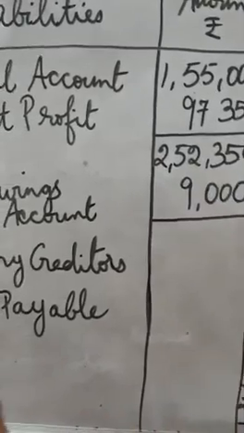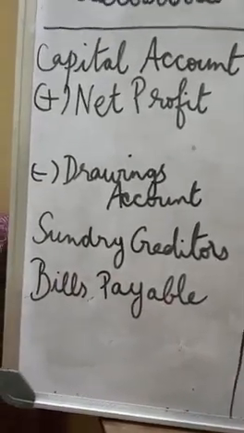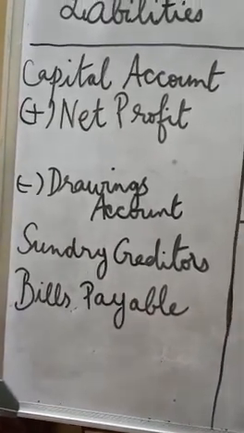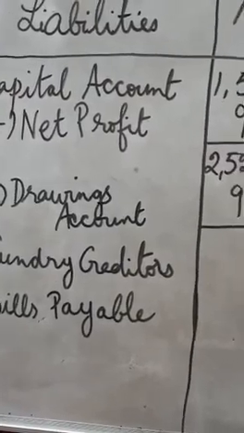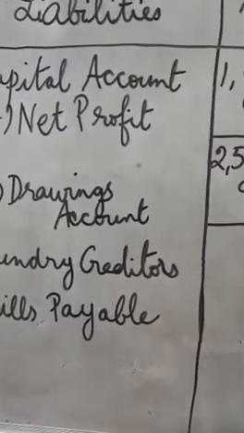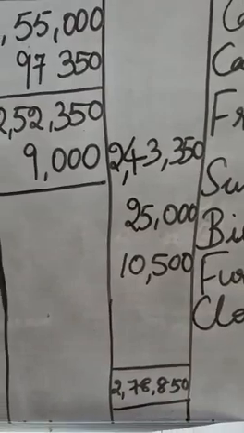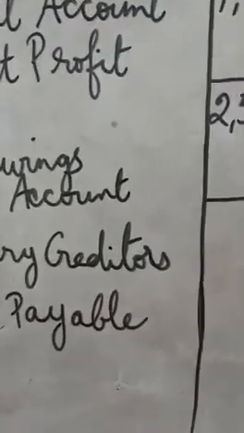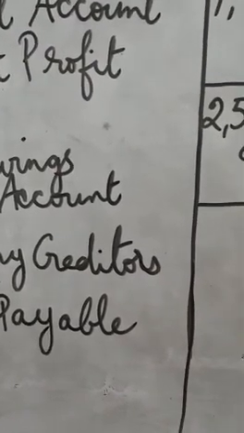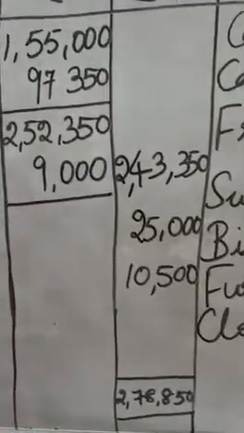Okay. Now sundry creditors. When you see the trial balance, it is given as sundry debtors and sundry creditors. So the first debit column will be sundry debtors and the credit column will be sundry creditors. Sundry creditors is 25,000.